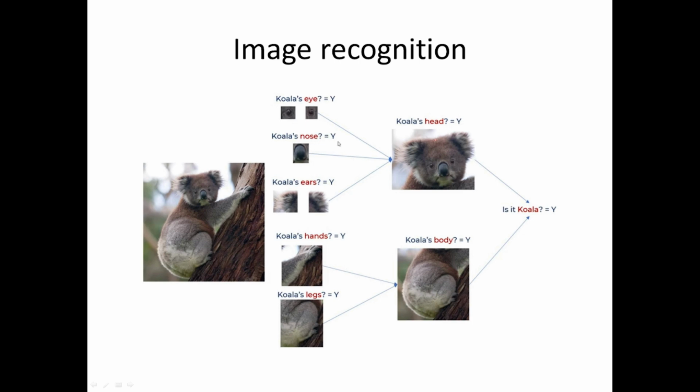Basically the filter that is in the next convolution layer. And from the hands and legs, I can identify the body. So in the second convolution layer, the other filter will be able to recognize the koala's body. And this information, the head information and body information, can be passed into the next layer for the classification whether it is a koala or not.